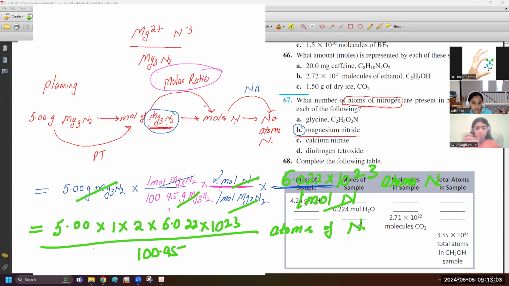I think what Avni has given, that's the right answer. Are you getting the same? 5.96 times 10 raised to power 22. Yes. So go for three significant figures, Aditi. Three sig fig, right? Yeah, we are going for three sig fig. Okay. Going to erase this.